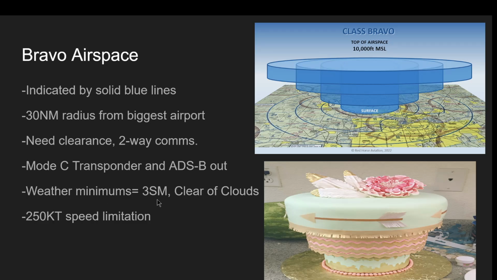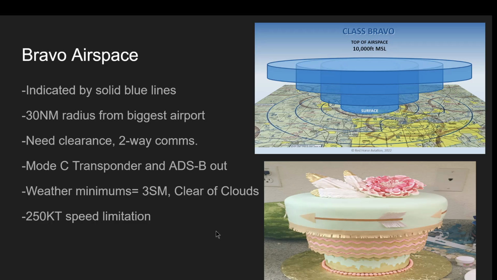And then your weather minimums is 3 statute miles visibility, clear of clouds, so as long as you're not in those big puffy clouds, and you have 3 statute miles of visibility, you should be fine. These should not be your personal minimums. There are required minimums, like here, and then there's personal minimums. Me personally, I would not fly on a 3 statute mile visibility day.